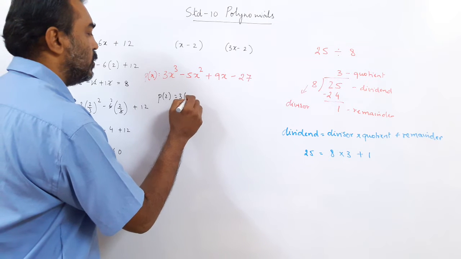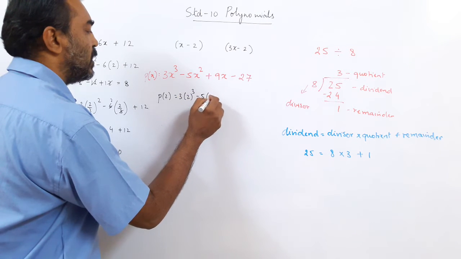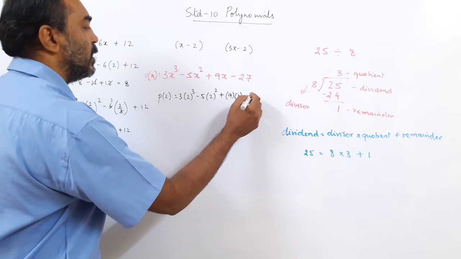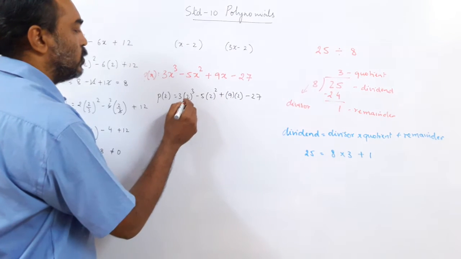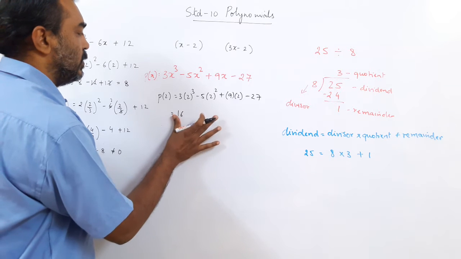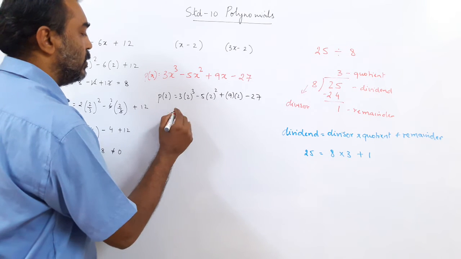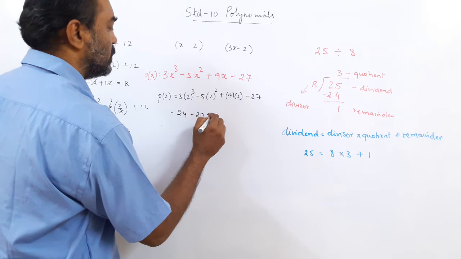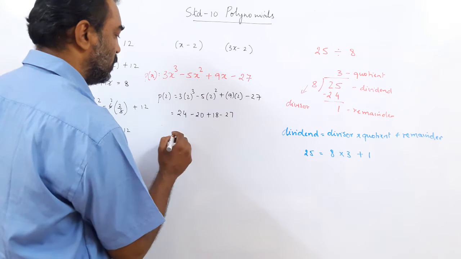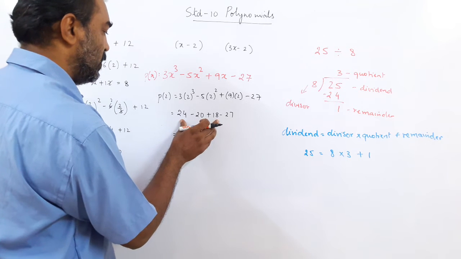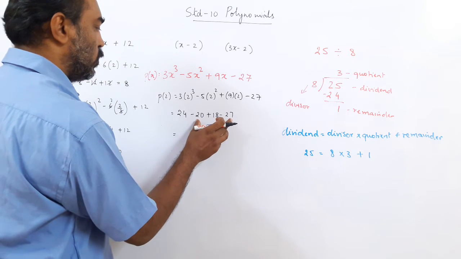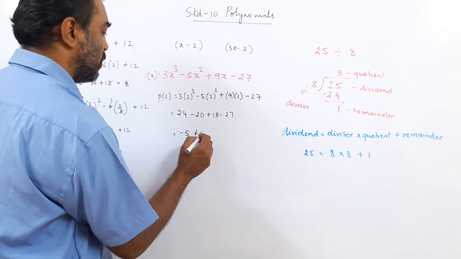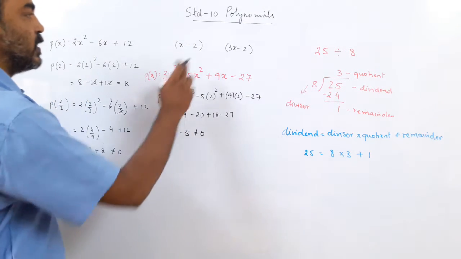So 3 into 2 cube minus 5 into 2 square plus 9 into 2 minus 27. 2 cube is 8, 8 3s are 24. 2 square is 4, so this is 20 plus 18 minus 27. So 24 plus 18 gives 42. 20 and 27 gives 47. So you get minus 5, not equal to 0. So x minus 2 is not a factor.